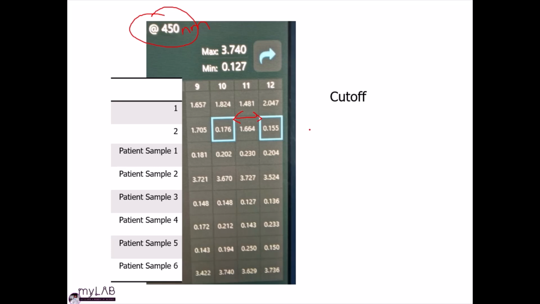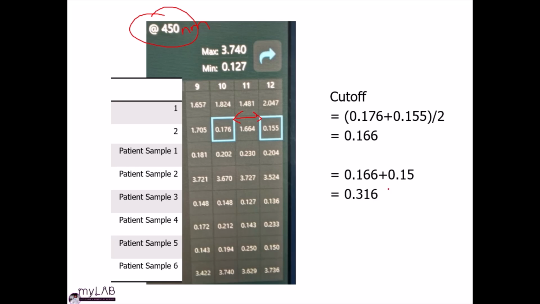So we calculate our cutoff point by adding the two, that is 0.176 and 0.155, and obtaining the mean, and the mean is 0.166, and to the mean we add 0.15. After that, we obtained 0.316 as our cutoff point.